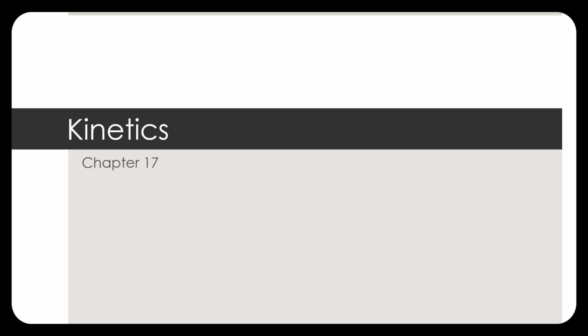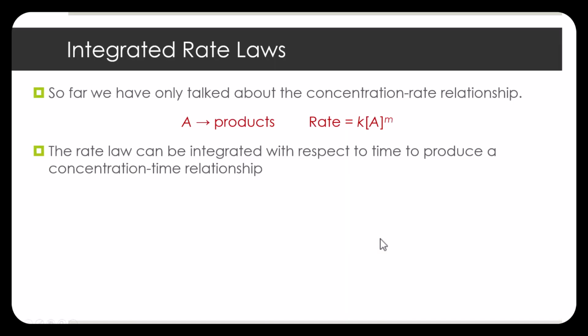So up until this point, we've talked about reactions and reaction kinetics from the standpoint of concentration and rate. So we looked at how the concentration of the reactant affected the rate of the reaction. But concentration and rate are a little bit ambiguous, right?